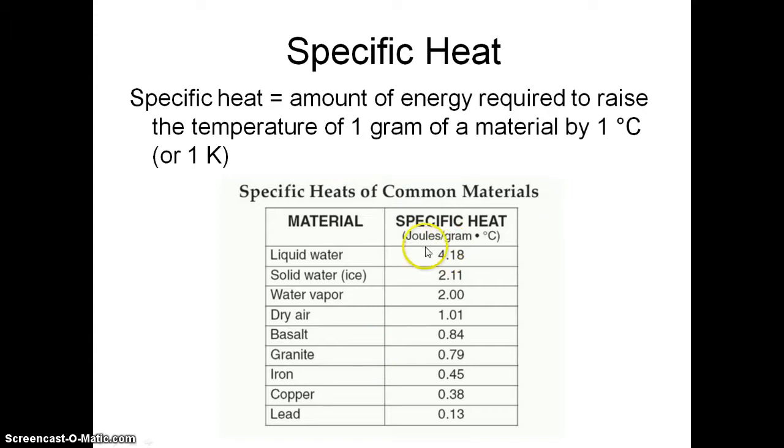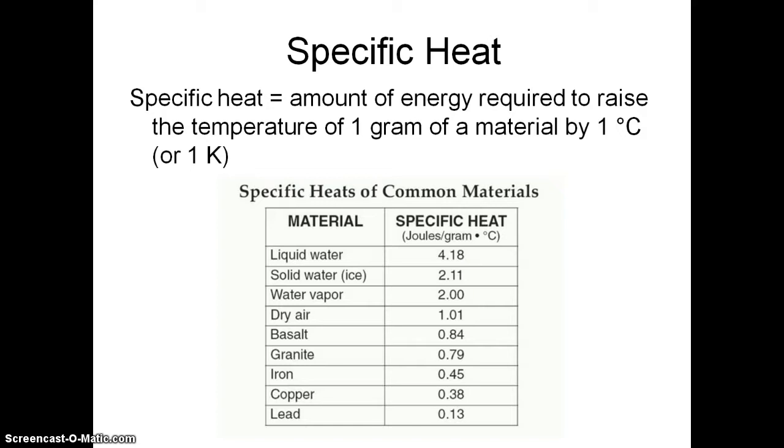So it actually has a much higher specific heat than water in the form of ice or in the form of a gas, water vapor. And so what these numbers mean is, in the case of liquid water, it takes 4.18 joules to raise 1 gram of water 1 degree Celsius.